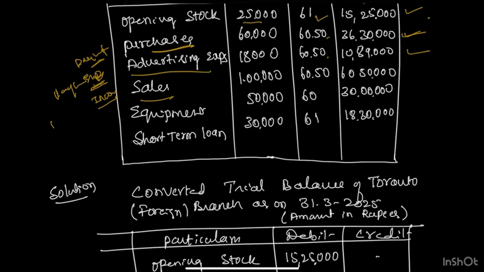Sales, again, this is also income. So all incomes and expenses, we have to consider average rate. It's average rate of 60.50 multiplied with the 1 lakh Canadian dollar, you'll get 60 lakhs 50,000.